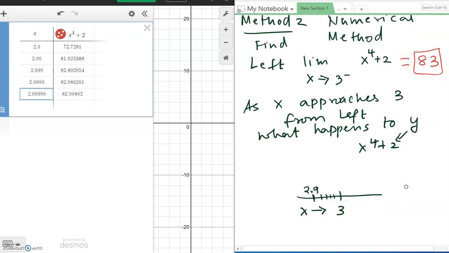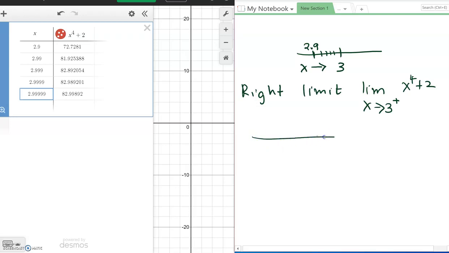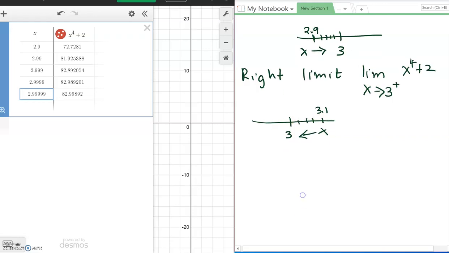So let's do the right limit. The right limit is x approaching 3 from the right side. The notation is 3 plus, x to the power 4 plus 2. So you have 3, and x approaches 3 from the right. We're going to start choosing maybe 3.1 and then move closer.